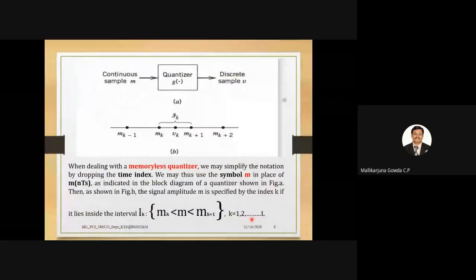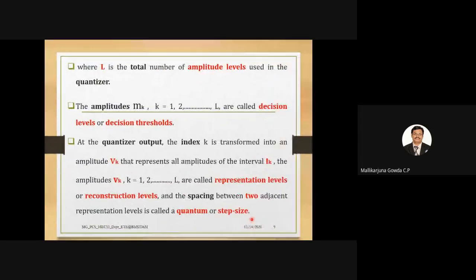Is this fine? The amplitudes mk, where k is 1 to L, are called the decision levels or the decision thresholds. L is the number of amplitude levels used in the quantizer, and those amplitude levels are known as the decision levels or decision thresholds.